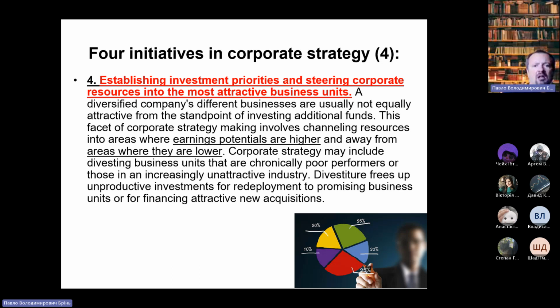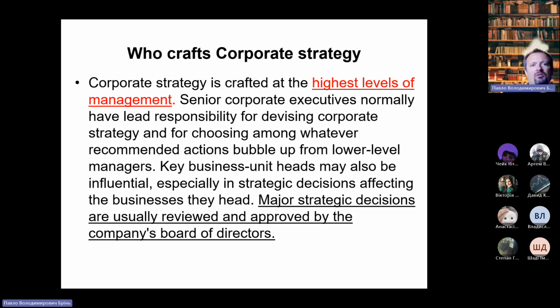So at this point I'm stopping with corporate strategy, and the corporate strategy will be presented within our next course. As for who crafts corporate strategy, it's quite easy to understand that corporate strategy must be crafted at the top management level, the highest management level.